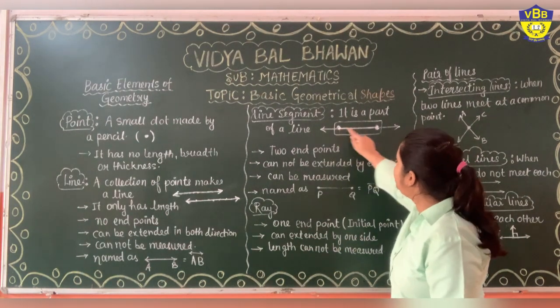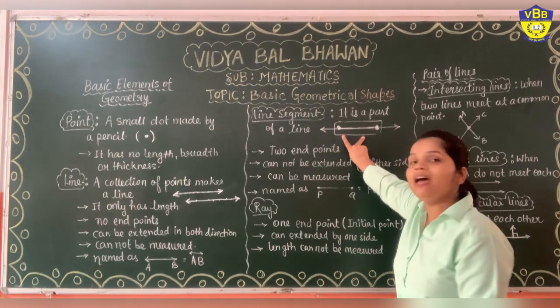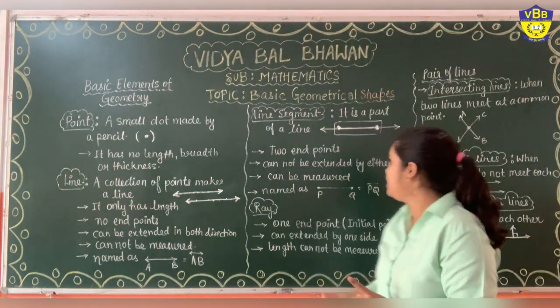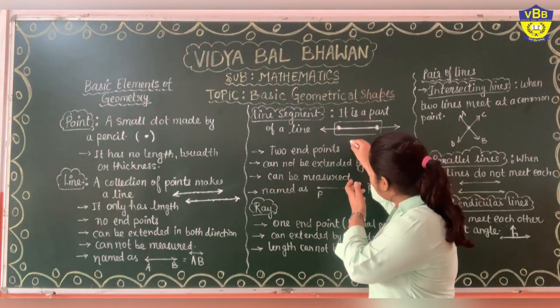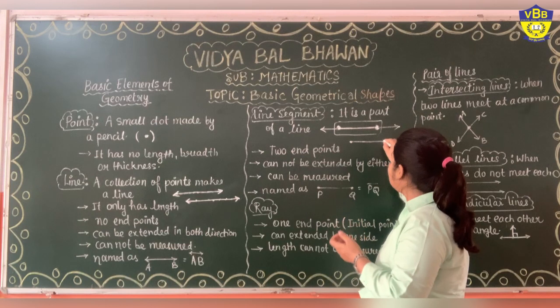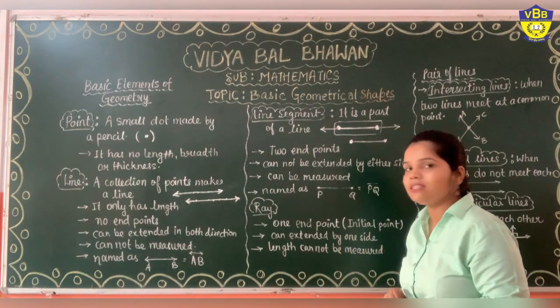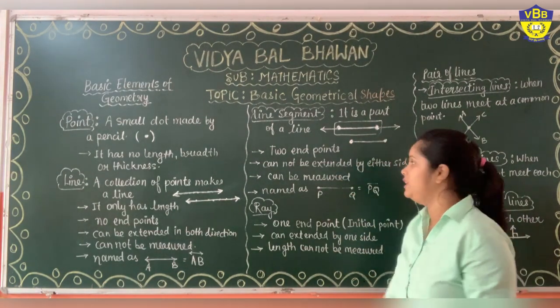First endpoint, second endpoint. If they are having endpoints, it cannot be extended from both the sides. It is having 2 endpoints. It cannot be extended from either of the sides.